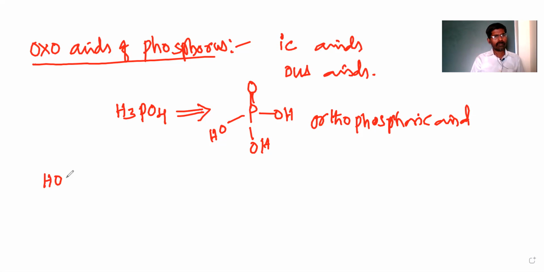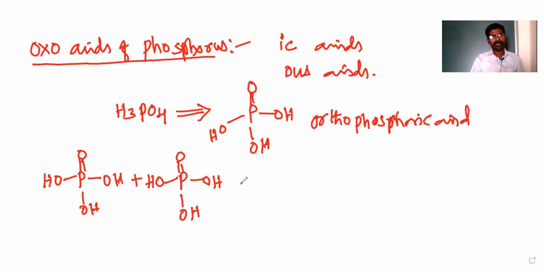Here is P double bond O, and OH groups, and here the same thing. Now I take one more molecule of the same kind, with P double bond O and OH groups.